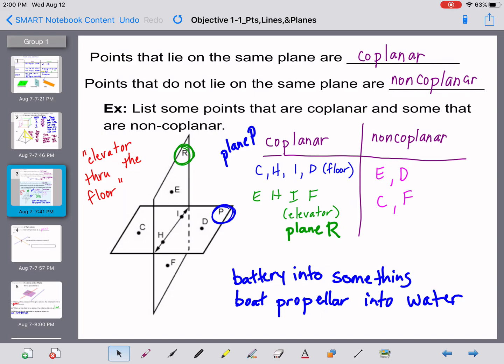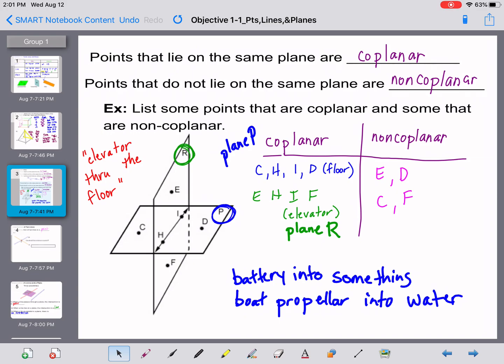Now, if we look at plane R, which is green, we want to think about this as an elevator going through the floor, right? You know, an elevator, you travel up floor to floor to floor, and that's kind of like one plane passing through another plane.